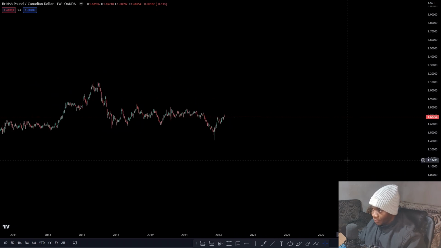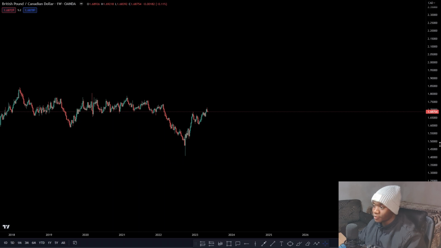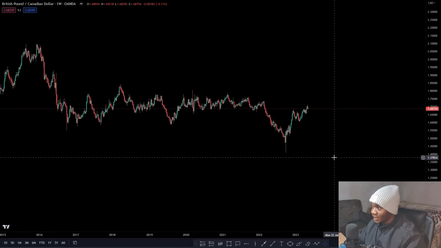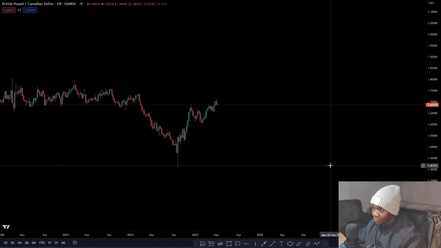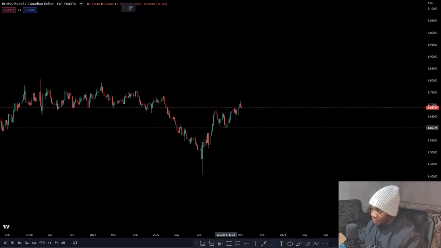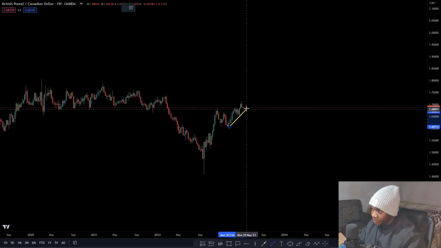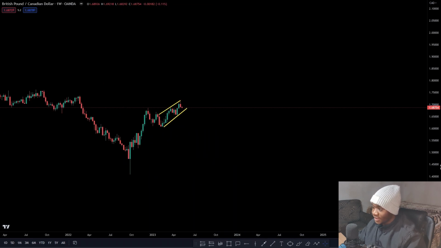But it's all good. If you're looking for sells on the higher time frame, you have to focus on what is happening right now. When I look at this, I am sensing a bit of a rising wedge. If I draw in structure, I am seeing what looks to be a rising wedge.